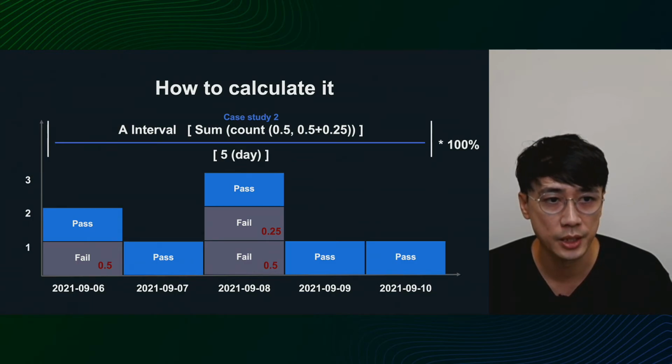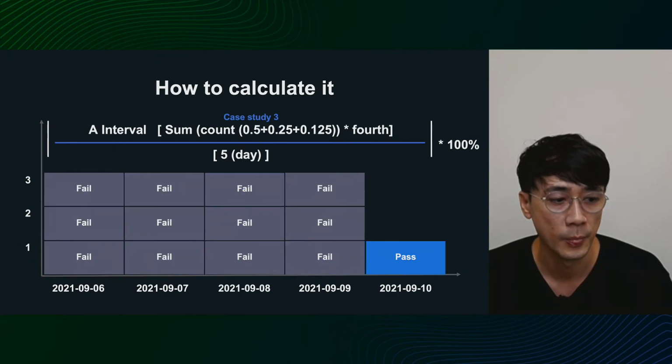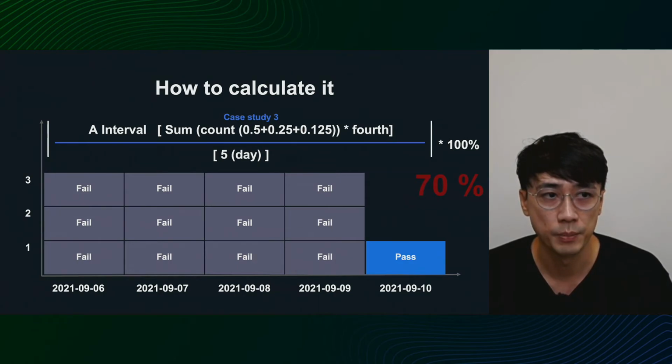After calculating, the flaky rate is 25%. Case 3, using the formula I mentioned before, after the calculation we get a flaky rate of 70%. Actually, 70% is really high, so we have high confidence to say this is a bug we found.